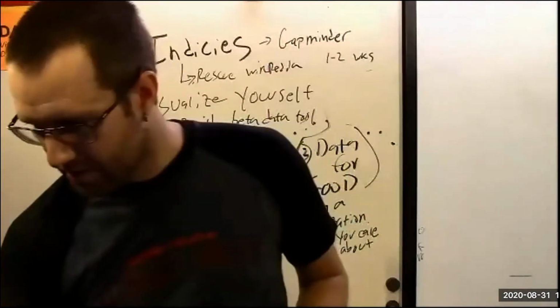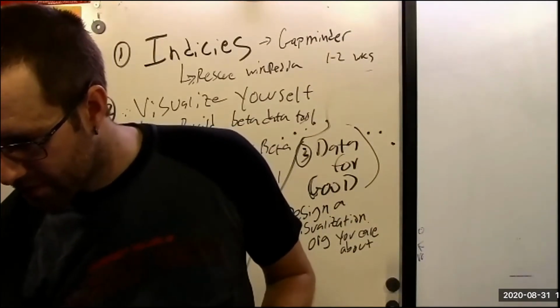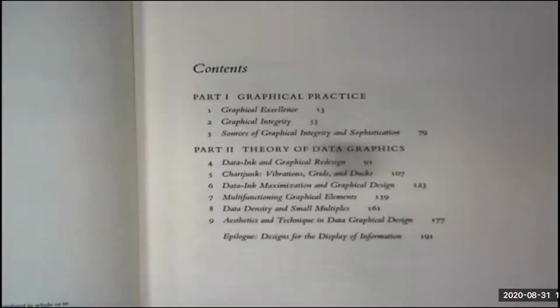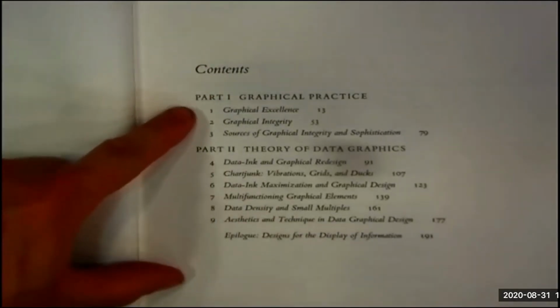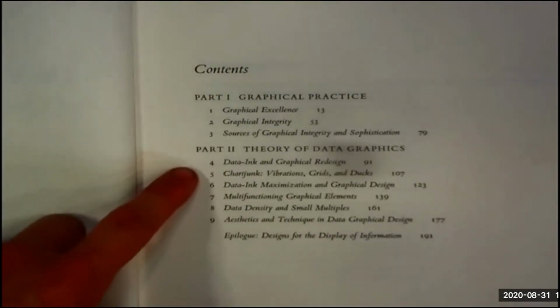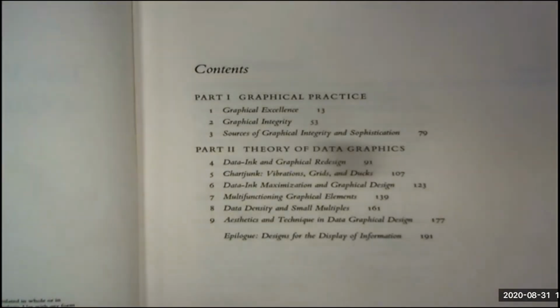I'm going to wait till you get the book before we assign chapters, but one of the very useful exercises we did last term is you'll be invited to summarize some key ideas from the chapter, and then the most interesting part is choose a set of visualizations made by a third party.